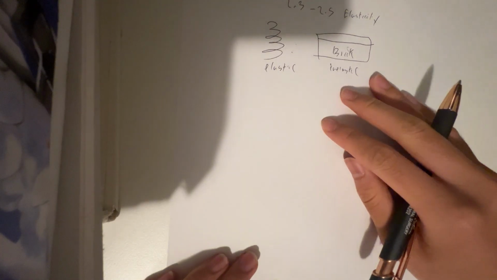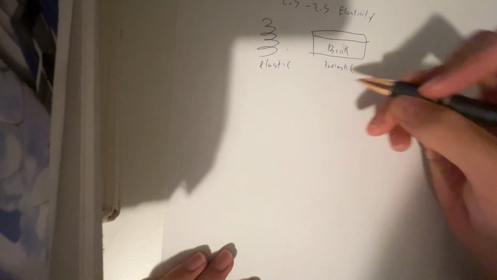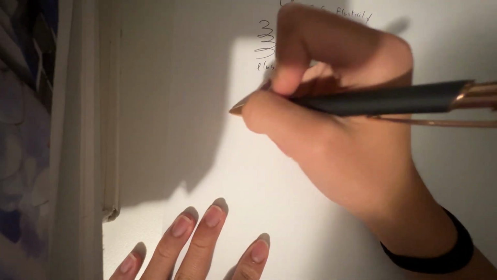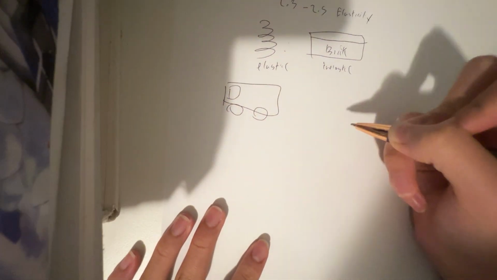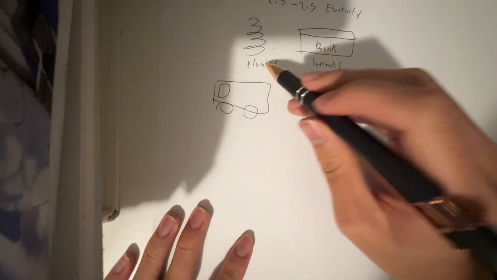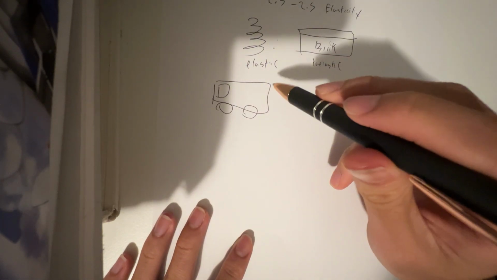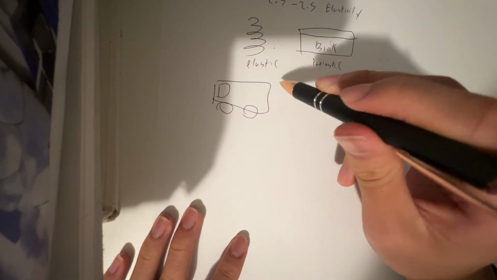If demand is elastic, like luxury cars, for example, let's draw a car. That's a luxury car. Buyers are highly responsive, and that means that quantity changes a lot with a small price change.